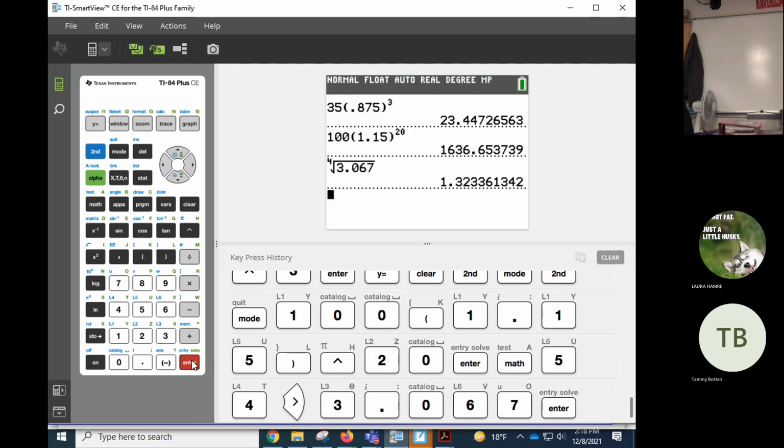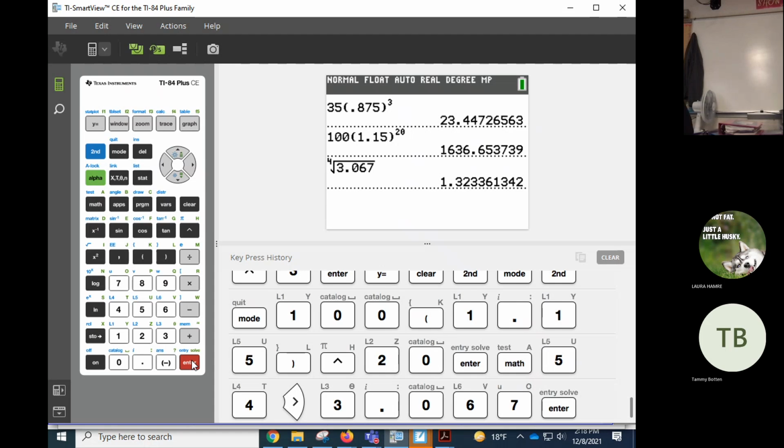So you would go 4, then do your math down to number 5, and then do 3.067. Does everybody understand that? Those of you that have this, you're going to type in the number 4 before you go to math. So you're going to type in a 4, then do math down to number 5, and then type in your 3.067. Everybody okay with that?